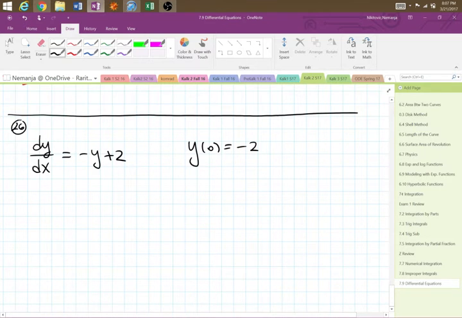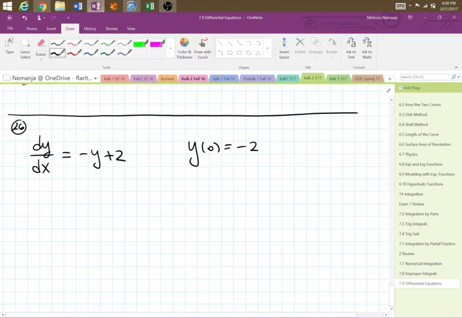The general solution is y. Negative y. Wait, negative 1. Oh, the integral.